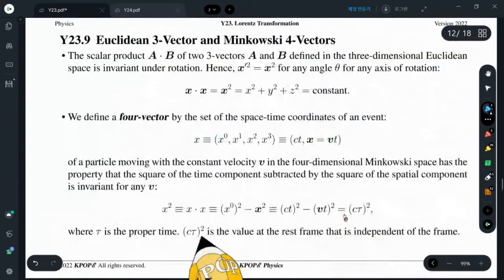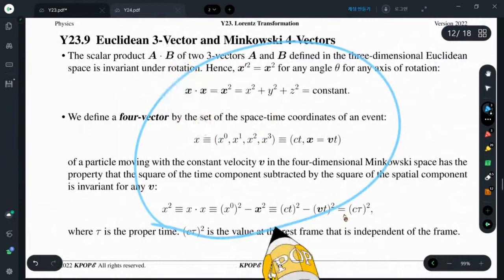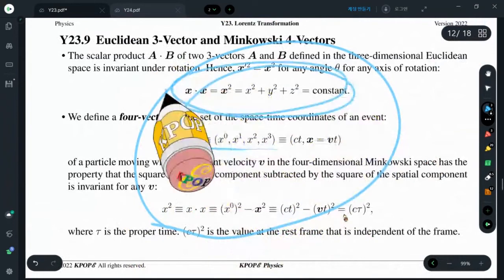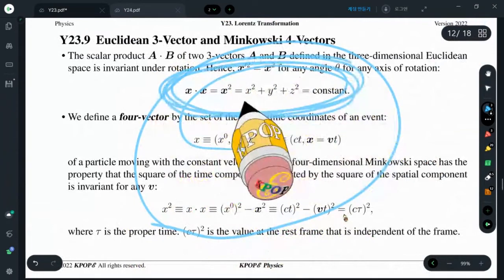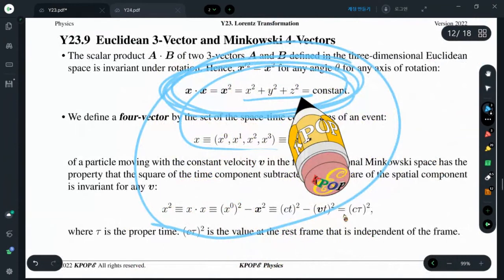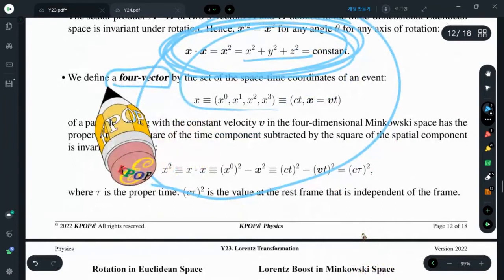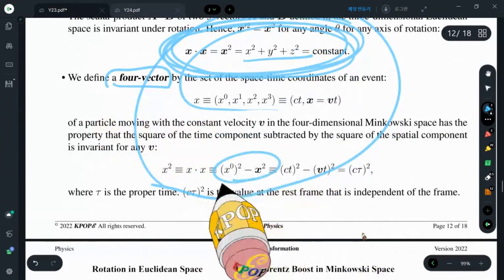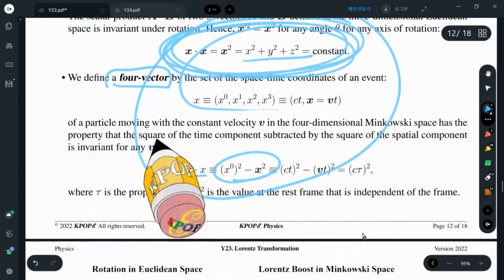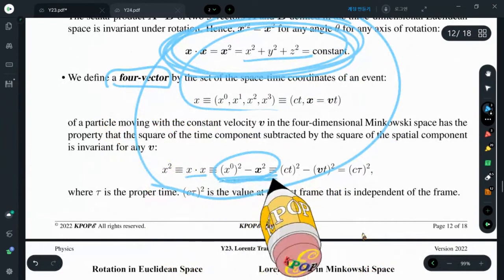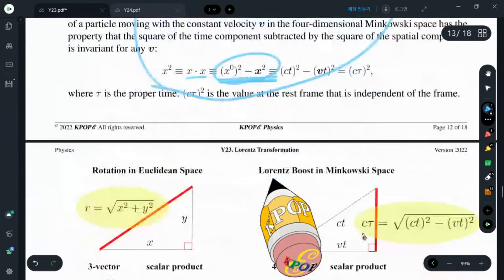So while we have a 3-vector that has an invariance of radius squared under rotation, a 4-vector is invariant when we calculate the scalar product in this manner.